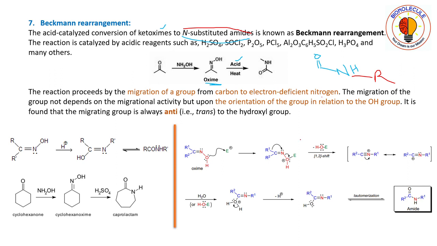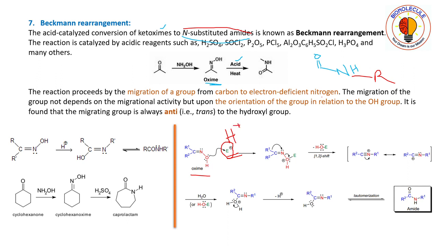Okay, so first this oxime, here you are using acid, so let us depict this acid with any electrophile. Okay, so this OH from oxime, this oxygen will take up the electrophile. If you use any this HCl, then E plus will be H plus.